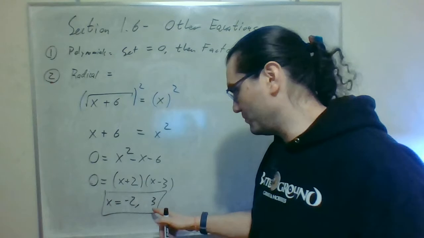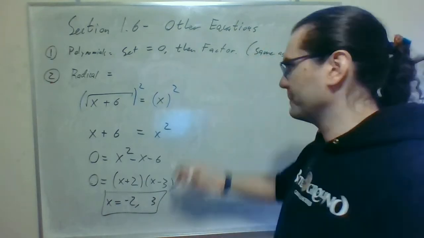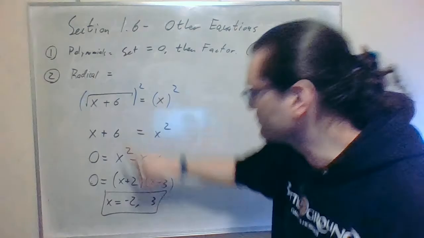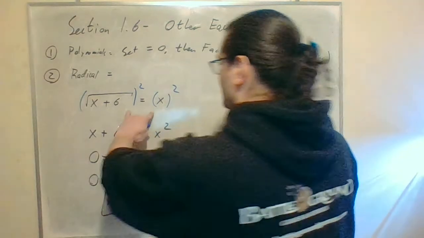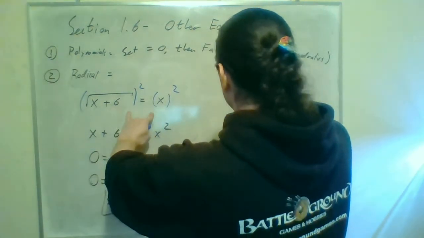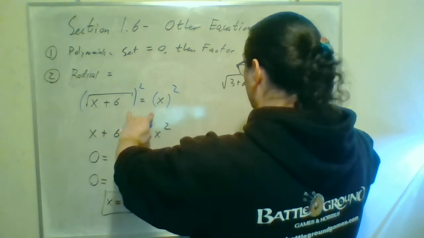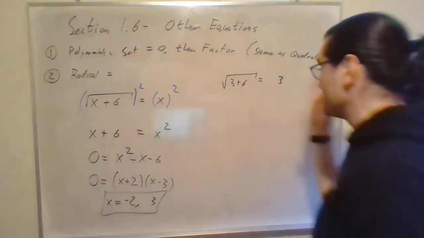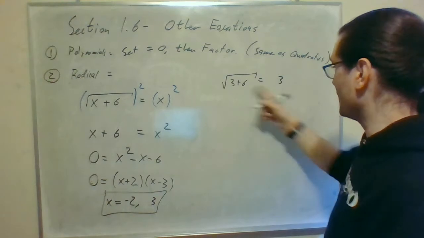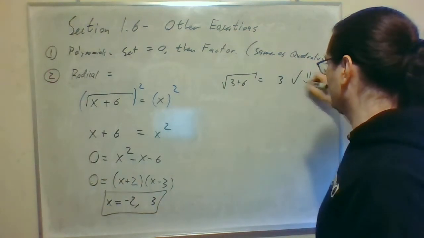Here's how, let me explain. When we plug in x equals 3 into this equation, we have the square root of 3 plus 6 equals 3. And this is true. This means that the square root of 9 equals 3. That's good. Everyone is happy.